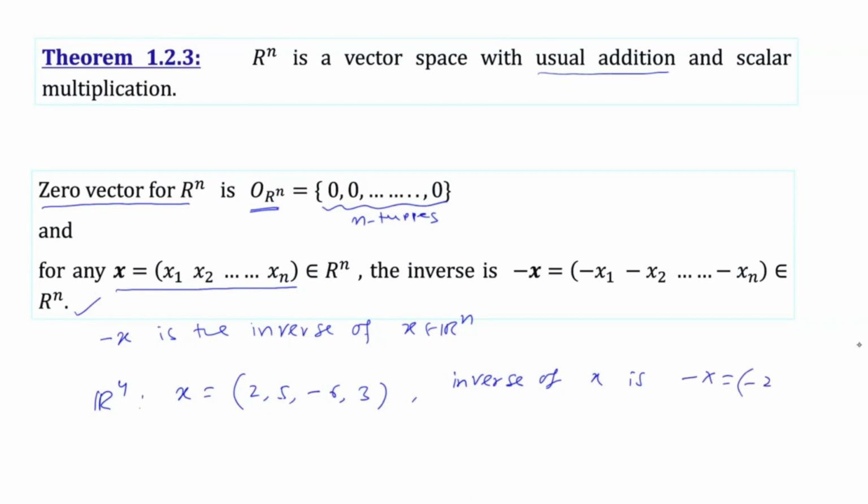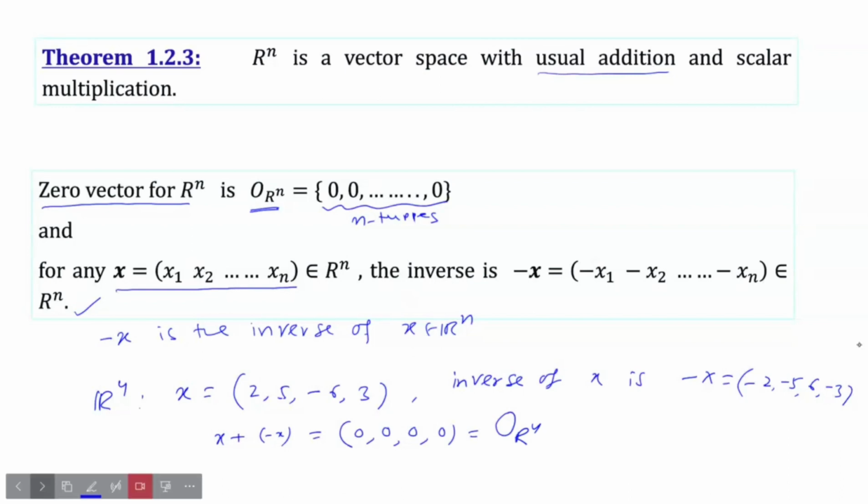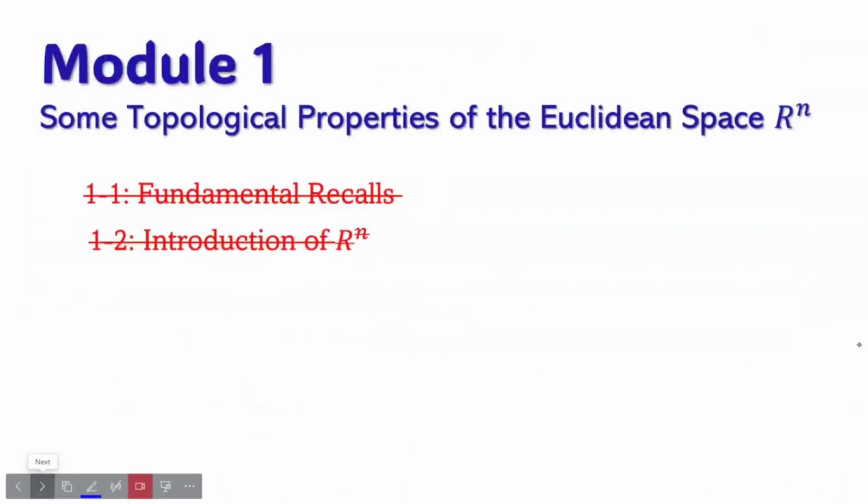Then the inverse of x is minus x, which is (minus 2, minus 5, 6, minus 3). Now if I add x plus minus x, it will become 0, which is the zero or identity element of R4.